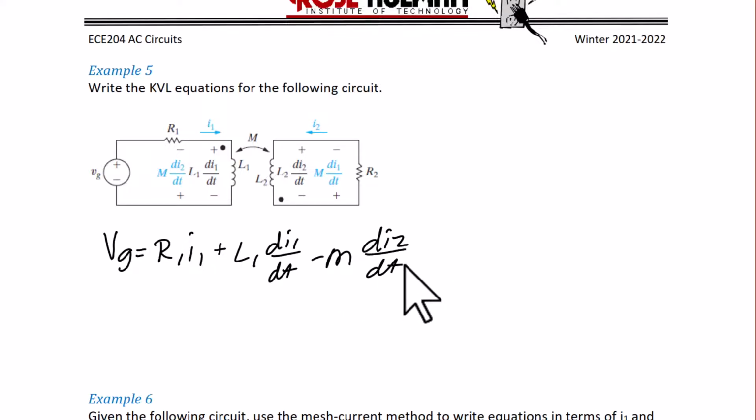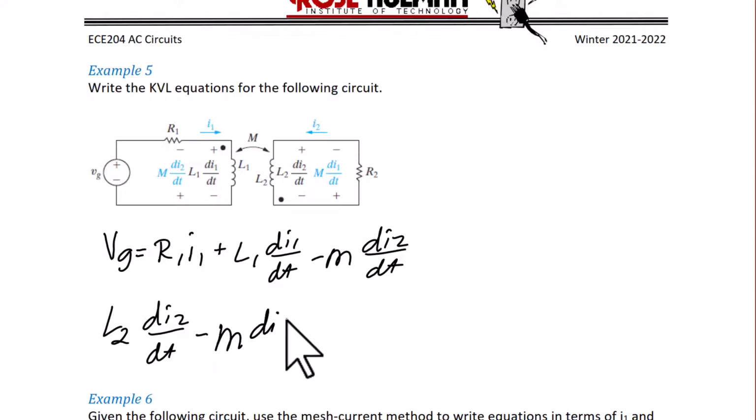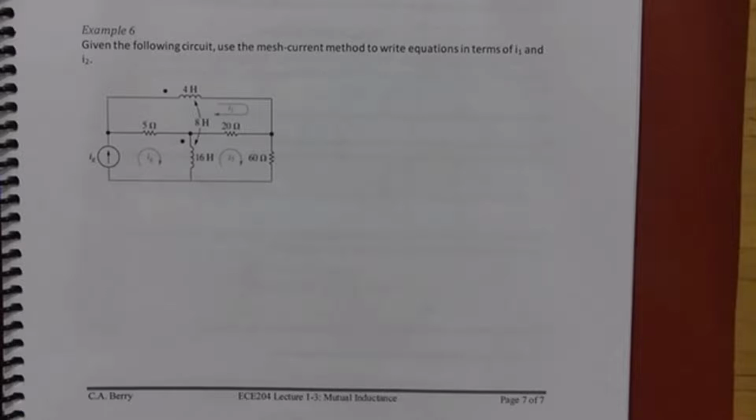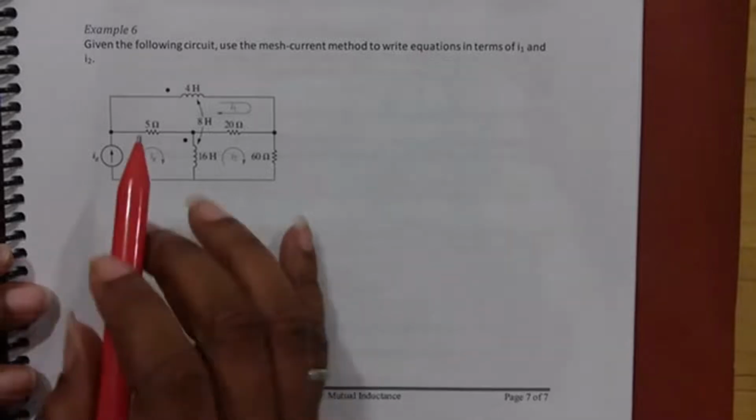And KVL at mesh 2 is going to be L2 di2 dt minus M di1 dt plus R2 I2, and that's equal to 0. All right, example 6. Last one before we move on to the next topic, I should say.